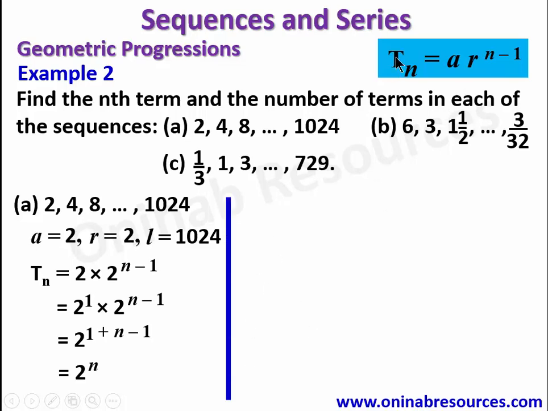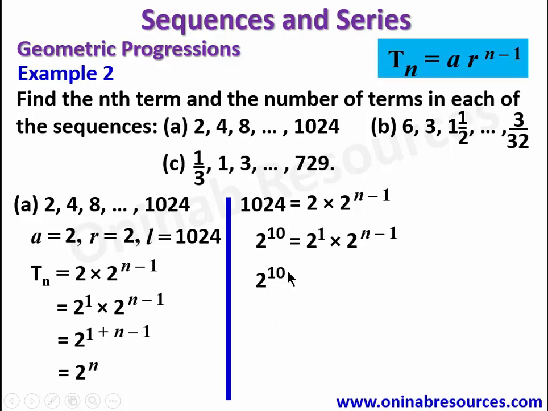It is there we will now use L equal to AR raised to power n minus 1, and our L is 1024 equal to 2 times 2 raised to power n minus 1. We then express every term as index form of 2. 1024 is 2 raised to power 10, equal to 2 raised to power 1 times 2 raised to power n minus 1. So from here we have 2 raised to power 10 equal to 2 raised to power 1 plus n minus 1.